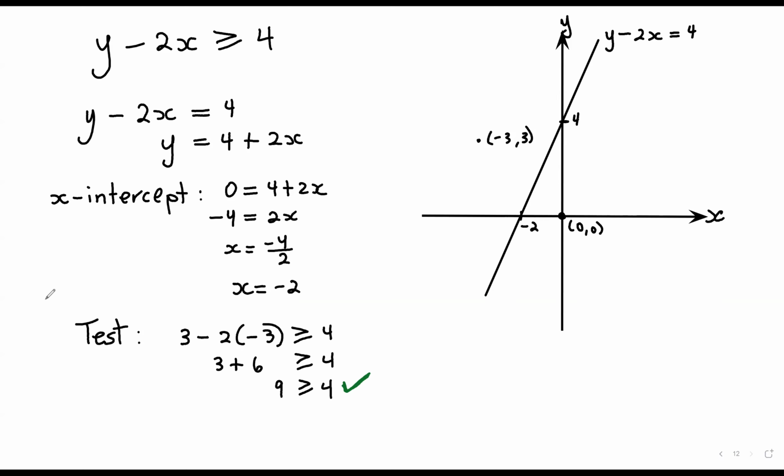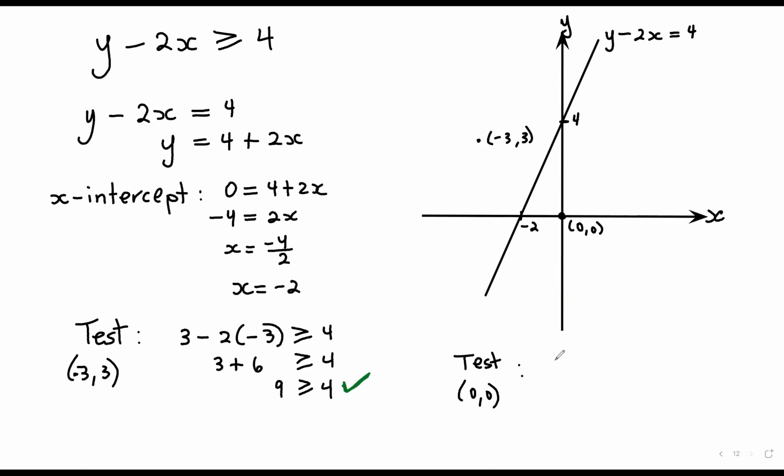So we're going to test 0, 0, by substituting 0, 0 into the inequality. So this one was testing negative 3, 3, and this one is testing 0, 0.